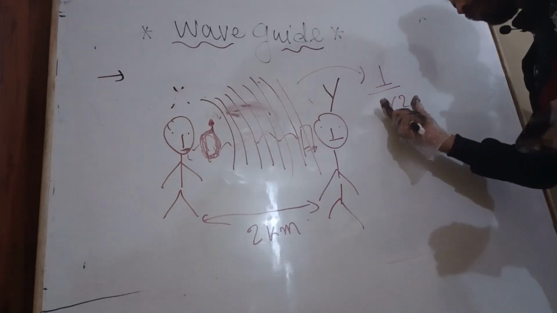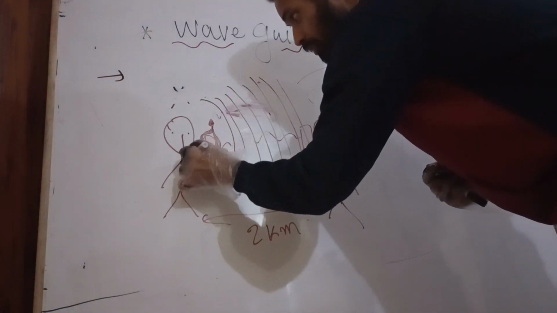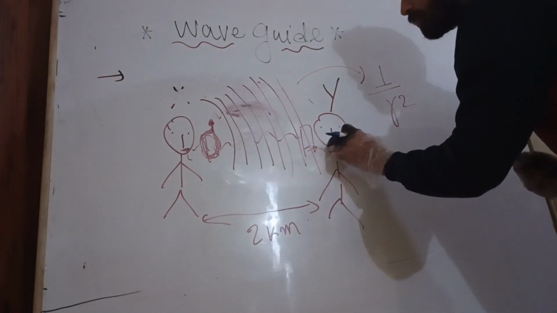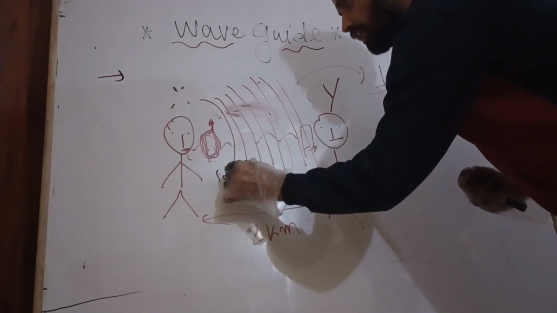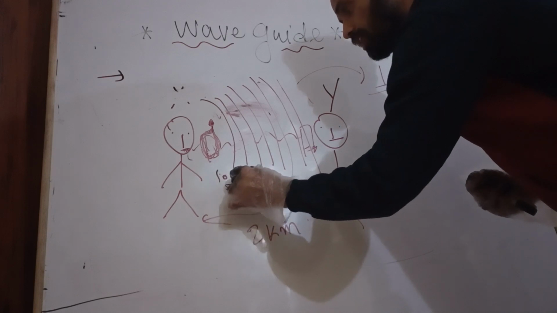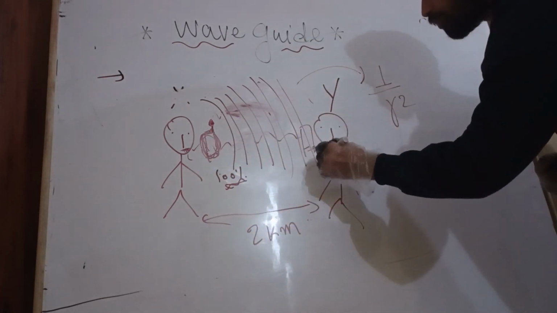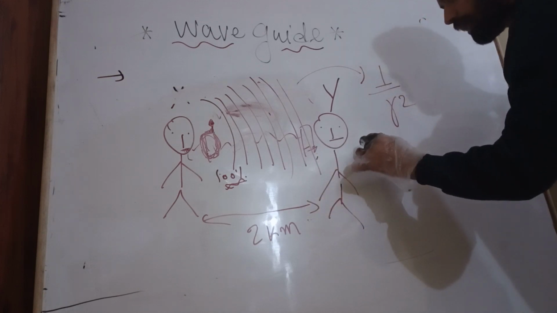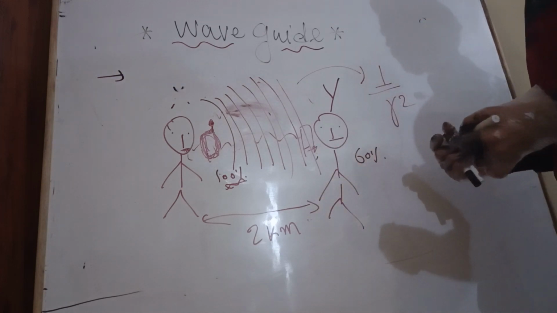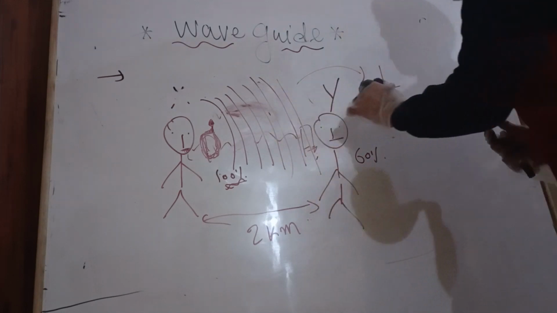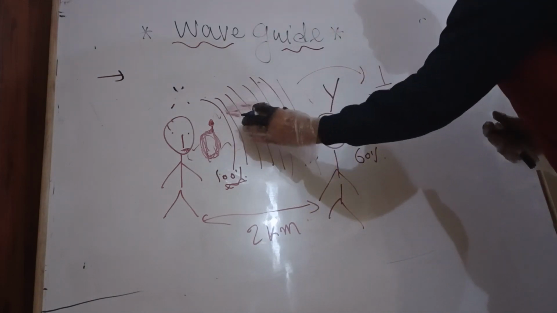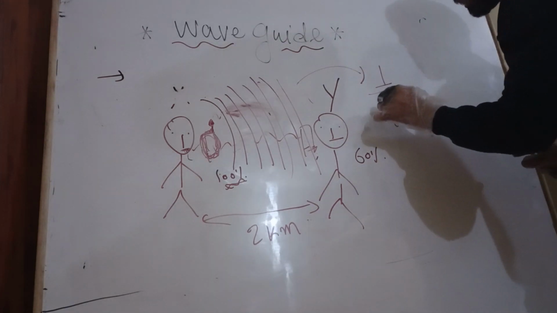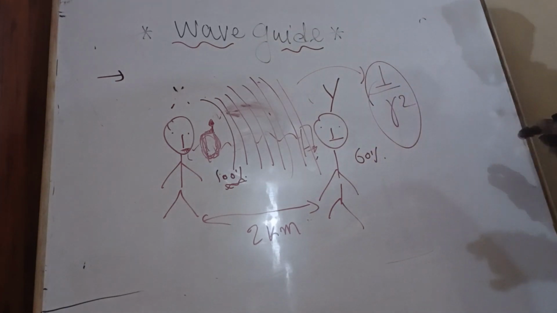Whatever he is speaking into this cell phone, let us say there is 100% information, but here it will get only around 60% of the information. The other information will get lost as the electromagnetic wave is transmitted throughout the space in the manner of 1 by r square.